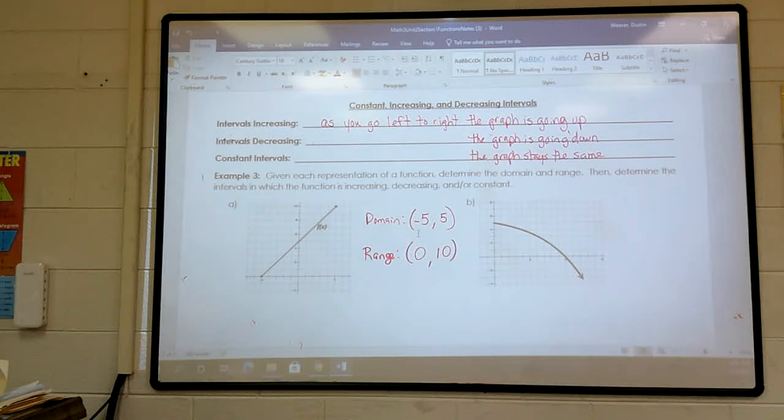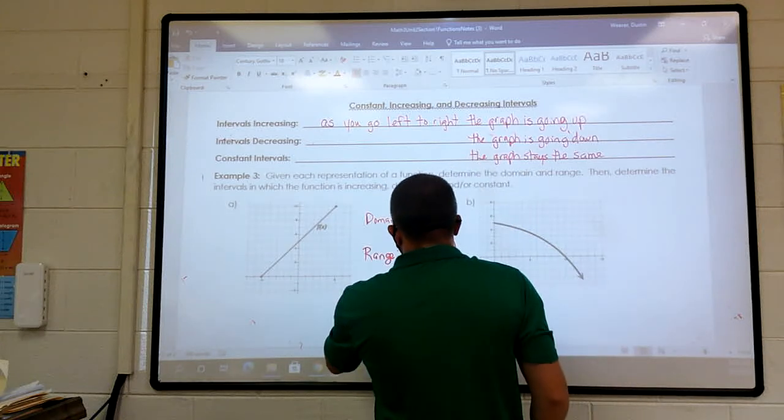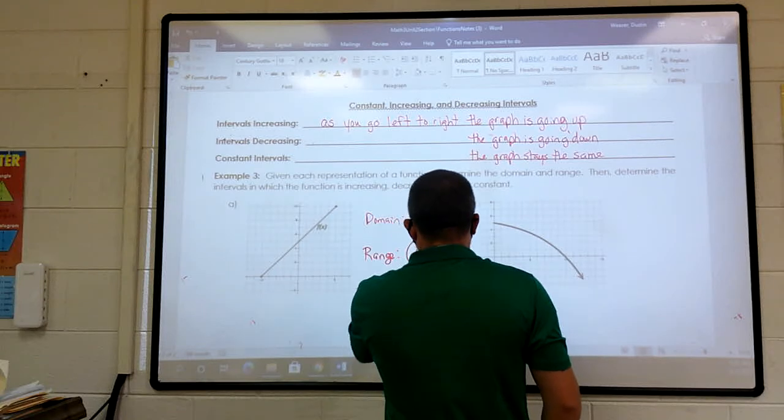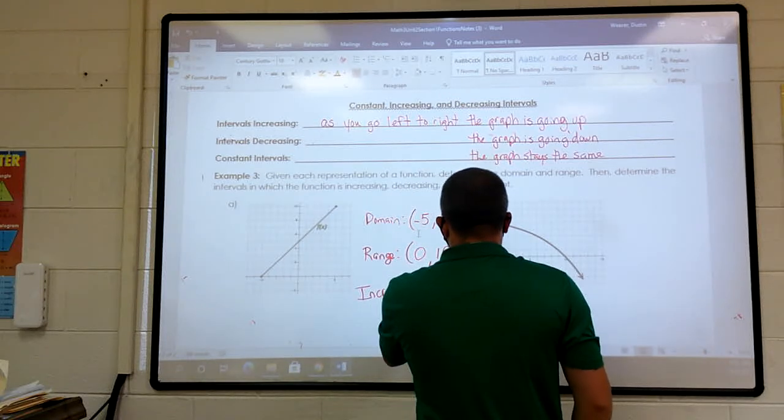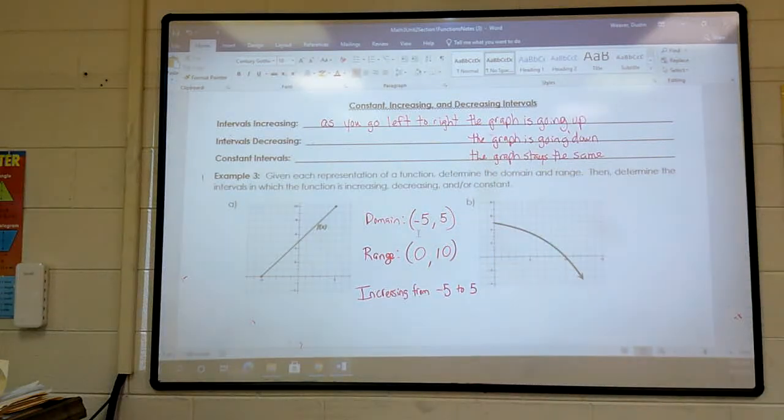So in this one, you can see we only have increasing. So that's the only time it is increasing, from -5 to 5. Okay? And you could write that like the ordered pair, or you could write it in words. But it is increasing, and we talk about our x's, from -5 to +5.